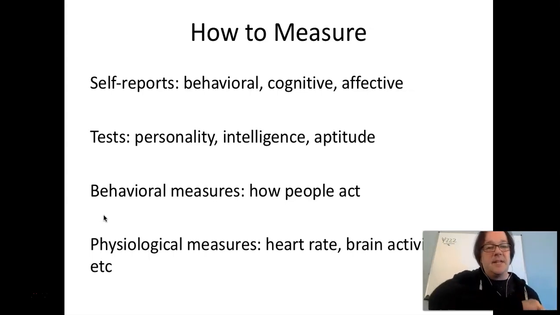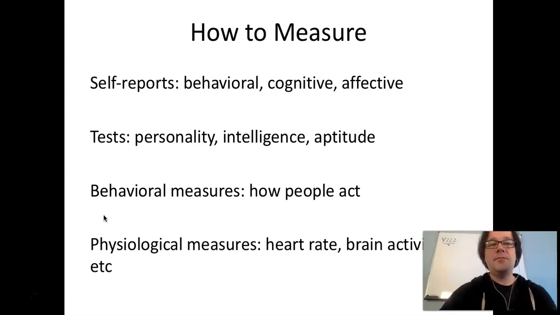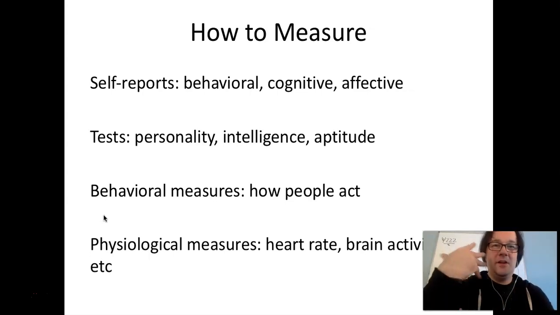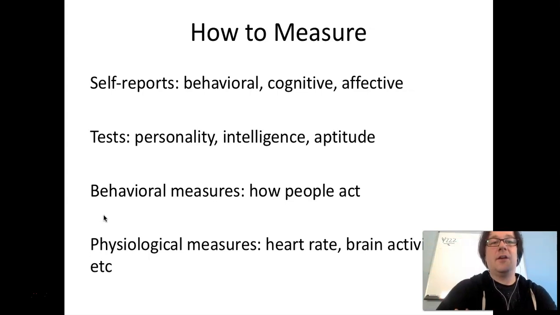Particularly in, say, psychology, when we're dealing with a lot of variables that pertain to how people feel on the inside, or those inner mental processes that are going on, their cognitions, their emotions, their motivations, sometimes this is the most accurate way to measure those things. It's just by asking people, what did you mean by that, right? Or how are you feeling right now?